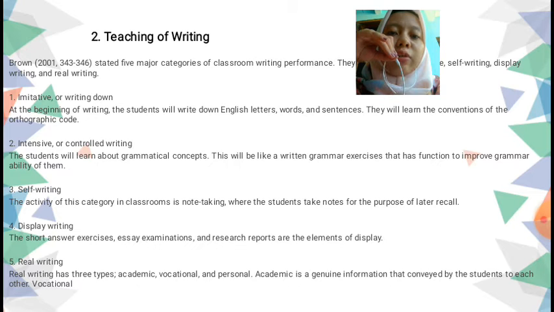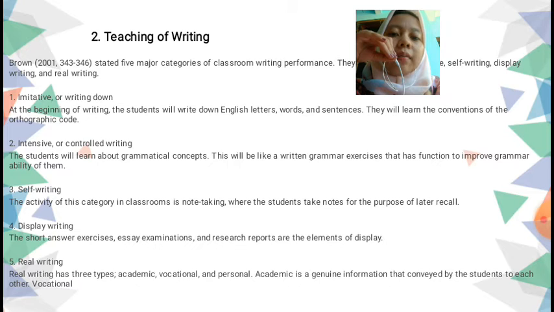Intensive or controlled writing. The student will learn about grammatical concepts. This will be like a written grammar exercise that has the function to improve their grammar ability. Self-writing. The activity of this category in the classroom is note-taking, where the student takes notes for the purpose of later recall.